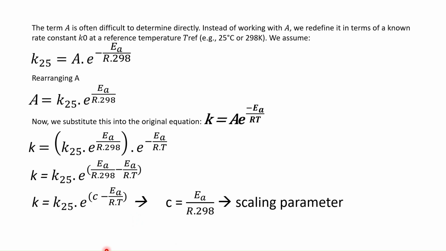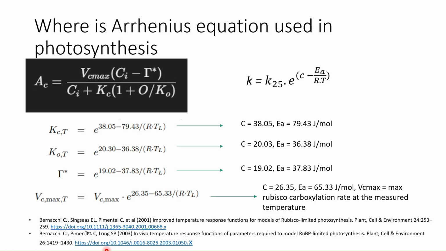So where is this Arrhenius equation used in our model BioCro, and how is it connected to the FvCB equation's parameters? We talked about the Michaelis-Menten constant, Kc. Kc is also a temperature-dependent function and is represented by e to the power c minus Ea by RT.